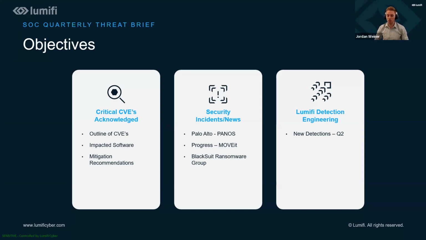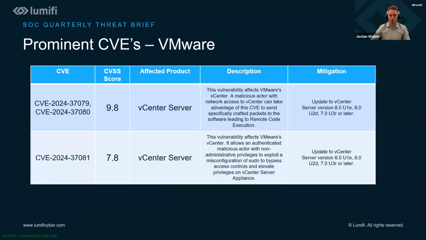Three of the things we'll be covering are the Palo Alto PAN-OS CVE, Progress's MOVEit, and the BlackSuit Ransomware Group. Then we will wrap it all up with some of the new detections that my team has developed this quarter. And then, of course, we'll end with some Q&A. So let's get it rolling.